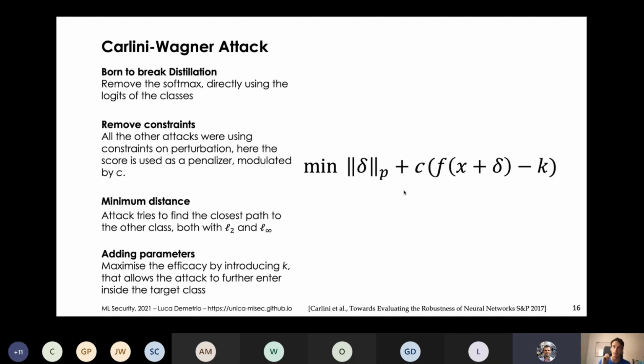Then, to make this attack even more effective, they also added this K. K modulates how much you want to dive inside the target class. If K is 0, you're just relying on the score of the classifier. If K is rising, you're basically reducing this score, and hence moving yourself away from the boundary.